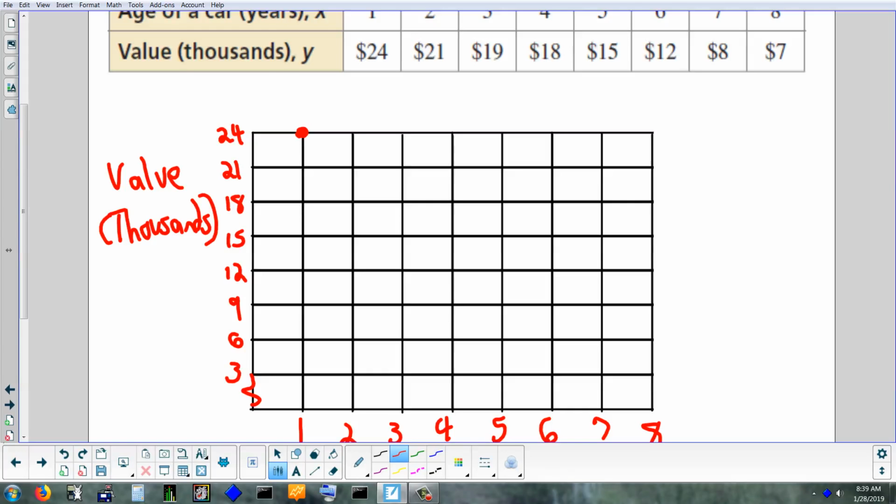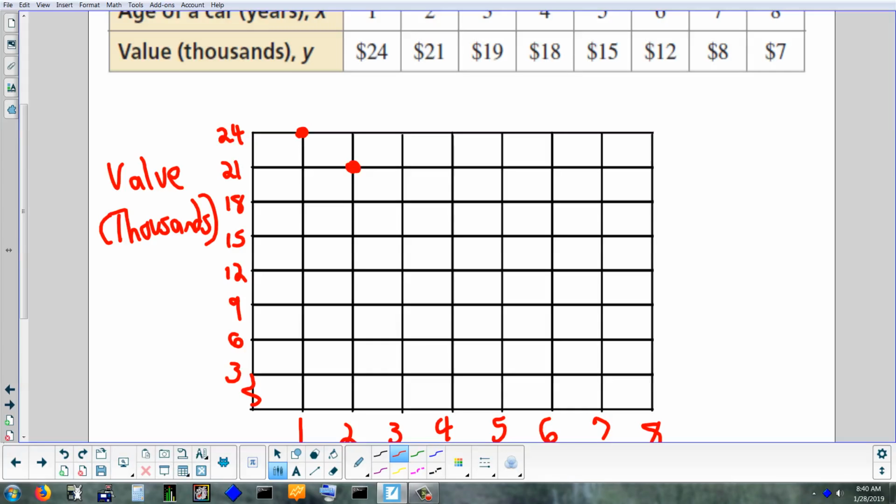Now, a car that's 2 years old is going to be $21,000. A car that's 3 is 19, but I don't have the number 19 labeled on my y-axis. Where's 19 going to go?